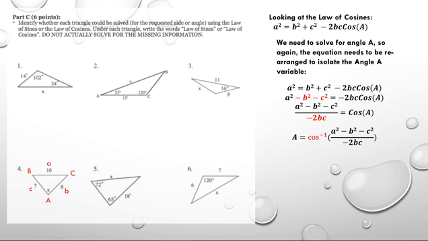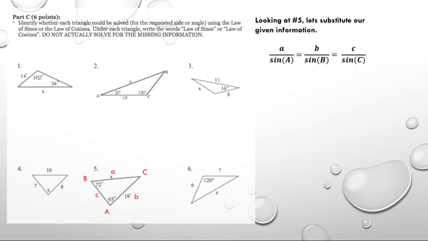So we're solving for angle A. Now, one note of caution: be careful when you plug these values in that you use parentheses and follow the correct order of operations so we get the right answer. But number 4 is handled solving for x using the law of cosines.